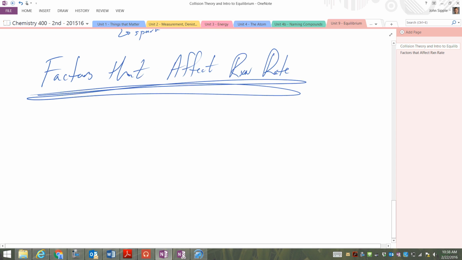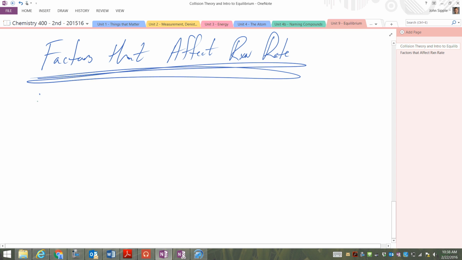All right, so factors that affect reaction rate. Basically, the question we have to ask is, what are some things that we can do to speed up reactions?